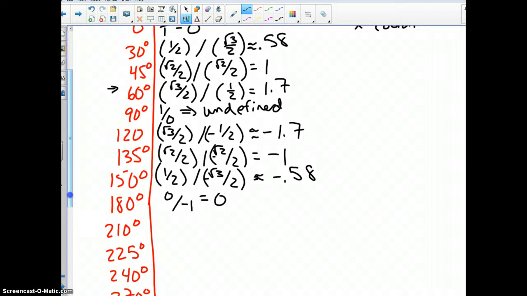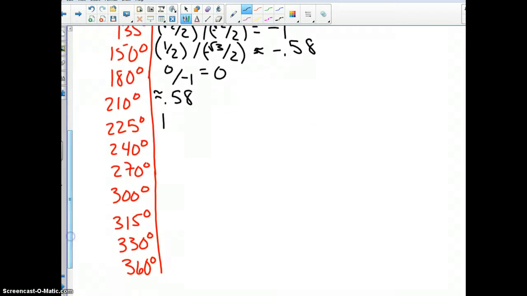Okay, now that you've completed those, the numbers that you should have come up with would be 0.58 here, or about, and then 1 for 225. Your 240 degrees should be 1.7. Your 270, again, you should have found that's undefined. 300, you would have found that that's going to be negative 1.7, or about that.